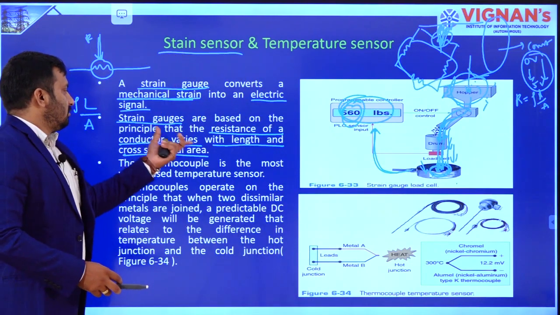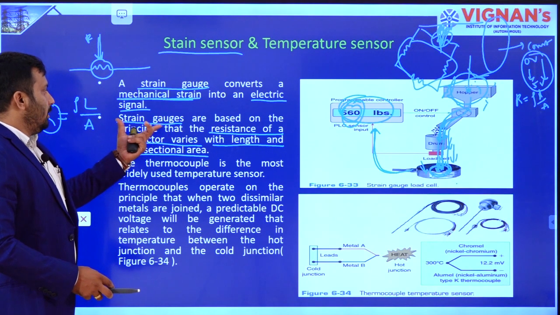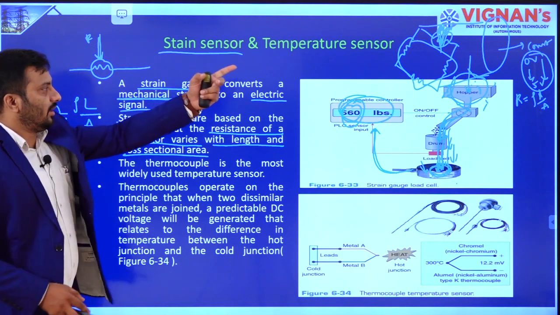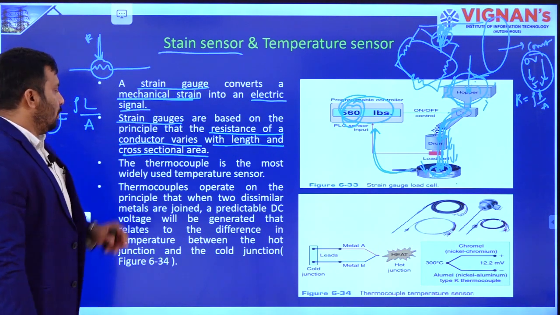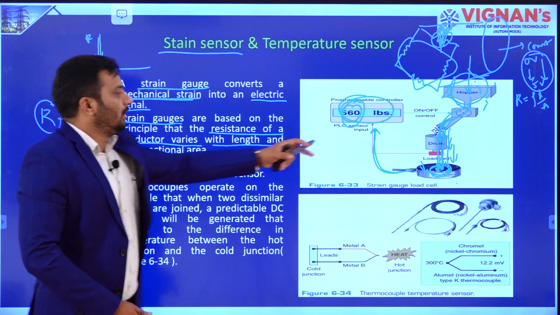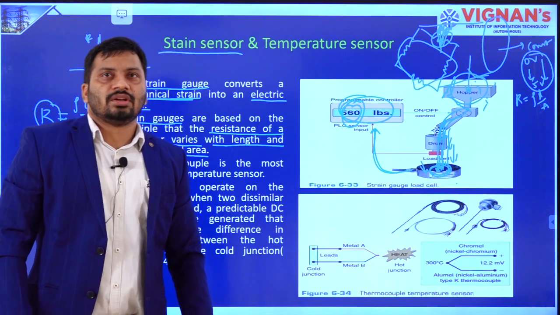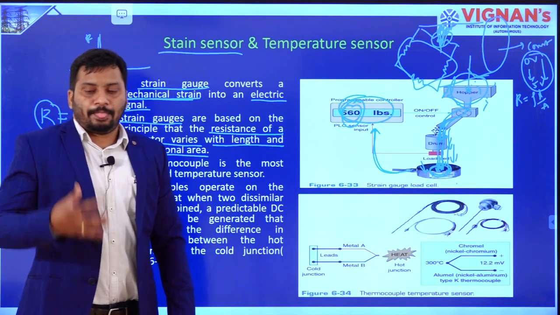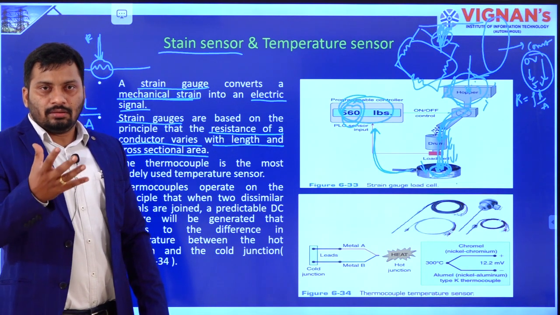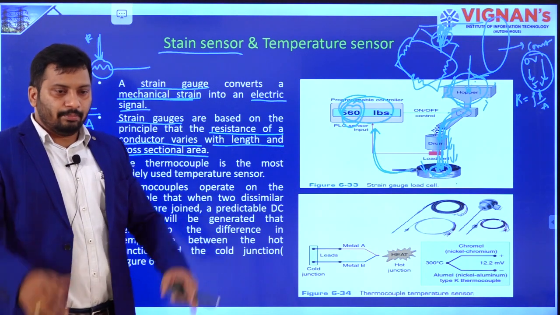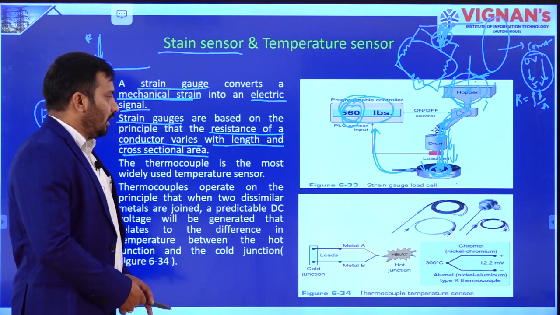In a mechanical strain gauge, the mechanical strain is converted into an electrical signal using a bridge arrangement inside the load cell. Load cells are designed with strain gauges like that. These load cells are used in industries to measure the weight of material, or some bottles, or some big sizes, anything you can measure.